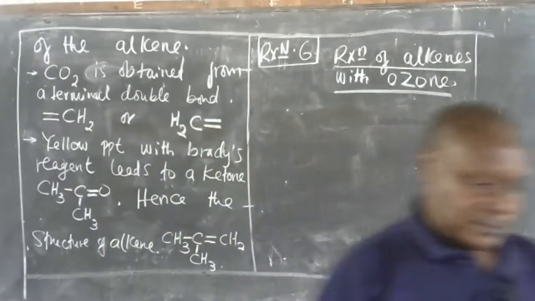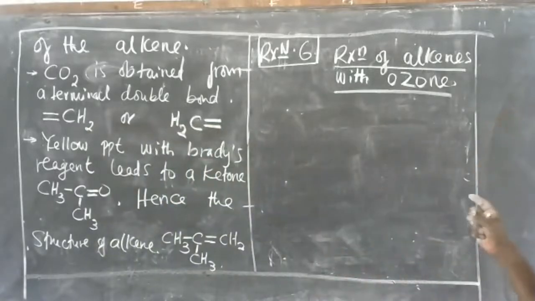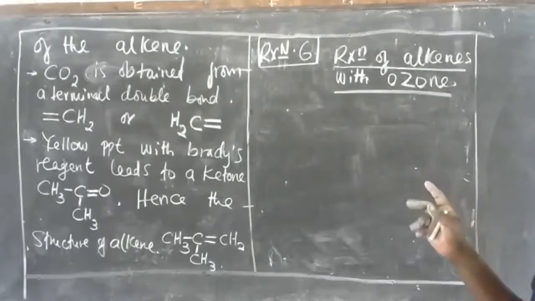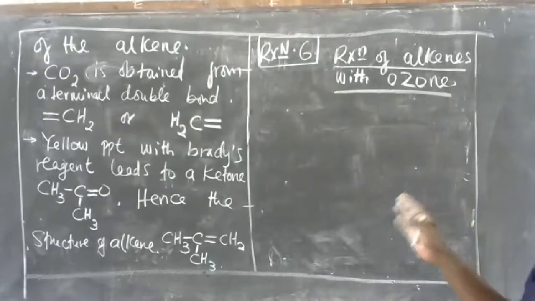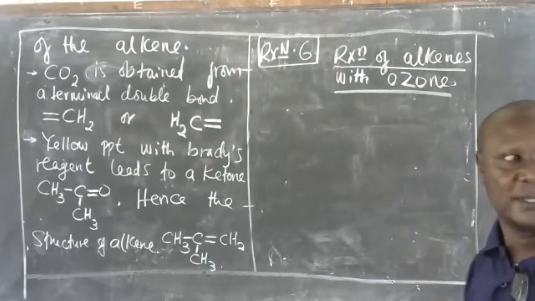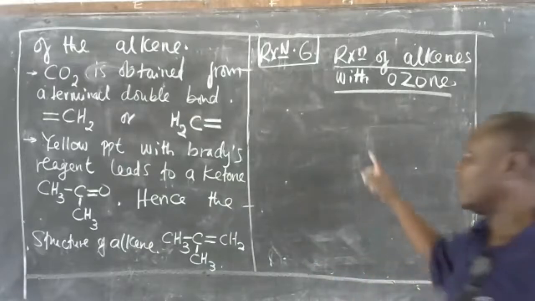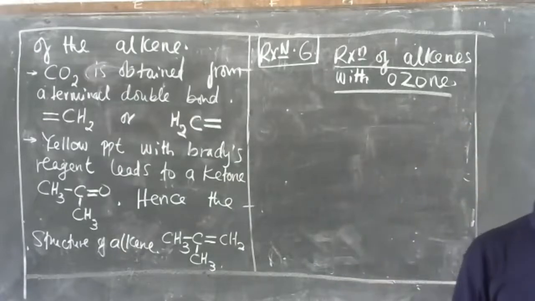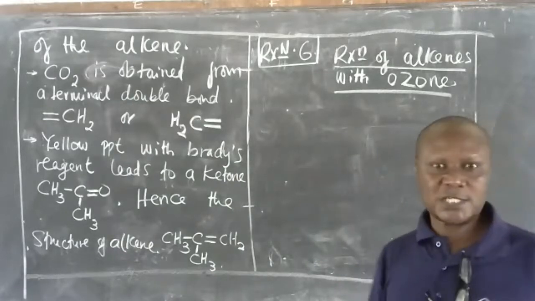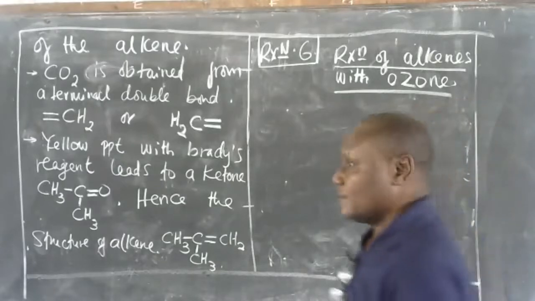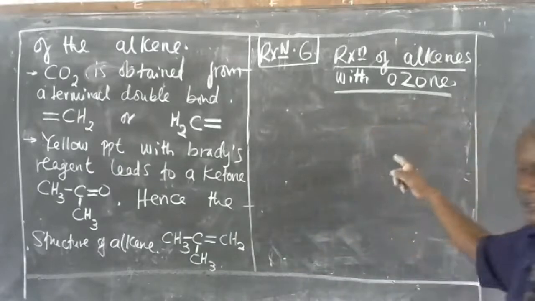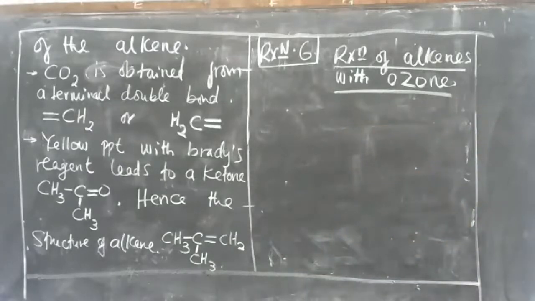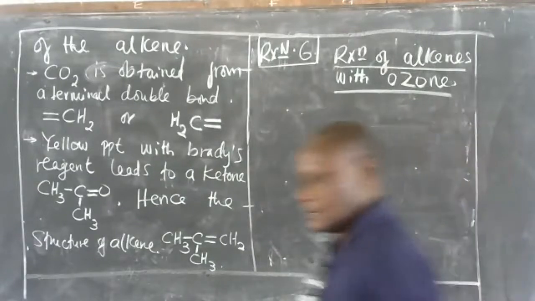I'm trying to give these expressions because in the previous paper, they just gave: complete the following. They just wanted the students to explain the reactions. So you must be able to explain these reactions. When heated with alkenes, ozone is going to give us the ozonide, which undergoes hydrolysis to give us the final products.